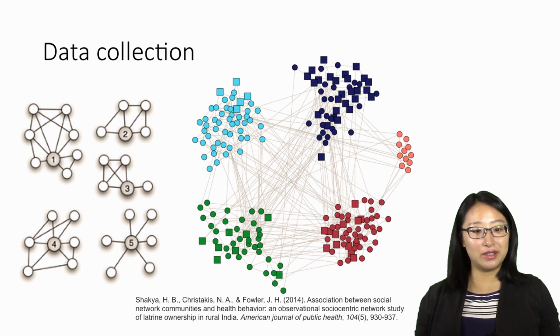The figure on the right shows a global network of households in rural India with regard to their latrine ownership. The researchers used survey methods to get the network dataset for constructing this network. Later on, they examined the characteristics of the networks to understand how social relationships contribute to individual decisions about adopting latrines in their homes.